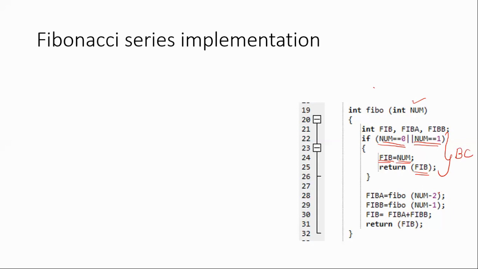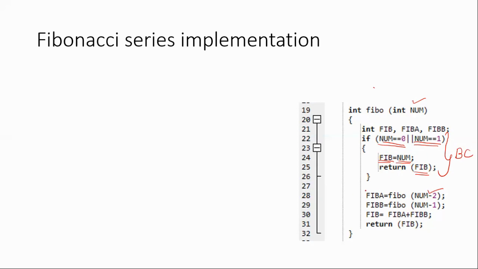It will call the Fibo function by passing the n minus 2 value. So with n minus 2, again, if the base criteria is satisfied, it will return. Otherwise, again, the value will be further reduced and passed. That's how basically the recursion works.